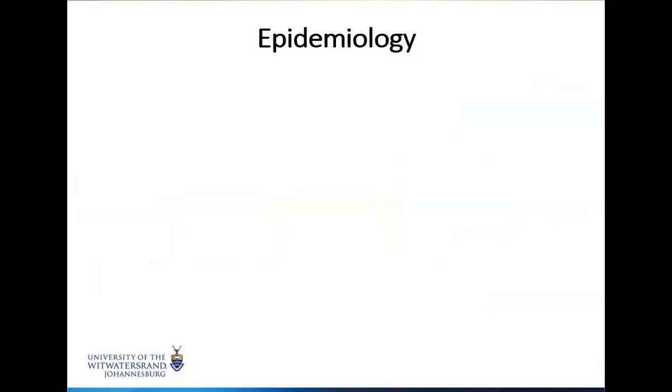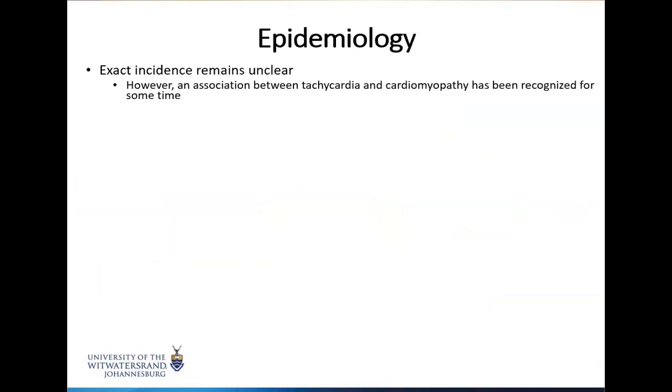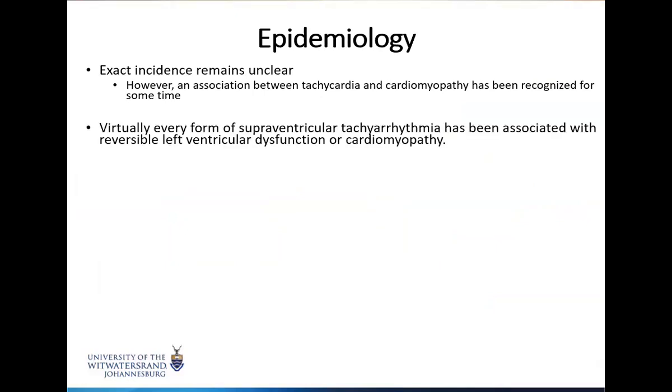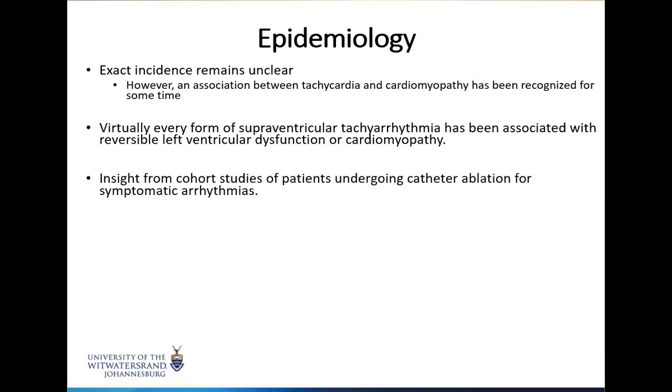How common is this condition? So the exact incidence is really unclear. However, we know that there seems to be an association between tachycardia and cardiomyopathy, which has been recognized for some time. And virtually any tachyarrhythmia that we may think about may be associated with cardiomyopathy.